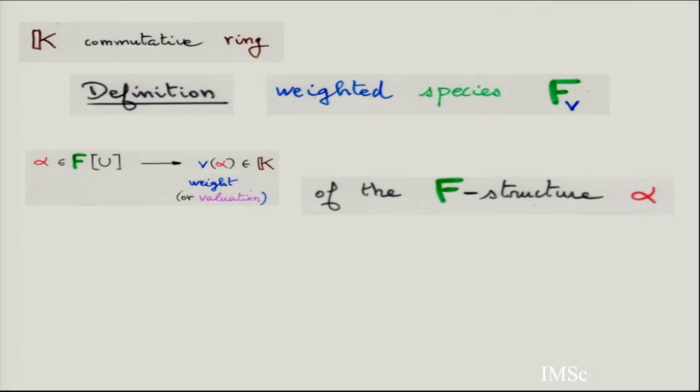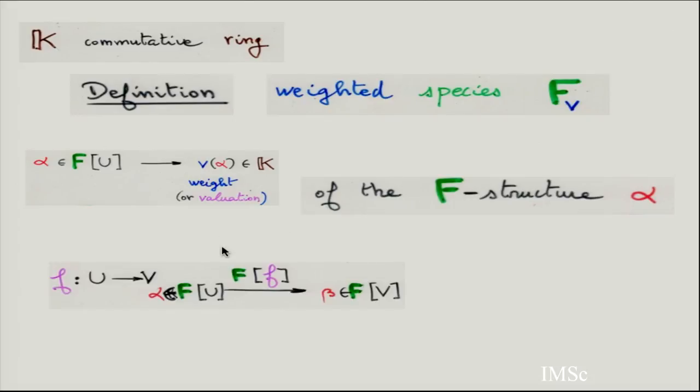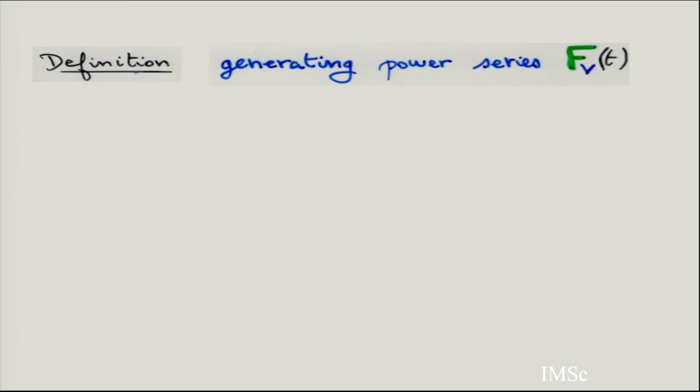Also there is some weight, because my heaps are weighted, so everything I have done can be repeated with weights on the species. With weights, each time you have an operation, such as the product, the weight is going to be the product of the elementary weights of each component of the operation. I will not insist on this, but putting a weight does not change any of this: product, derivative, substitution, exponential. All of this works with weights, as soon as the weight of a structure is a multiplicative function of its components.